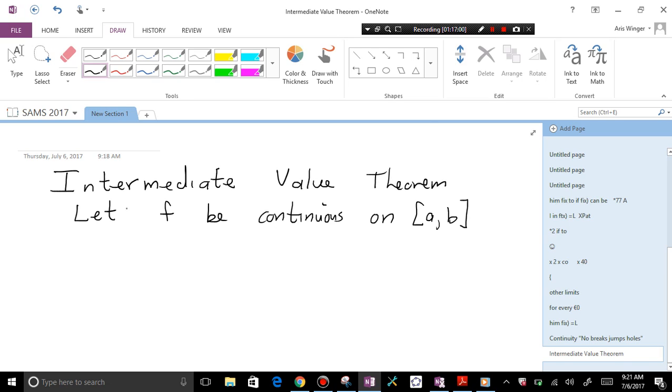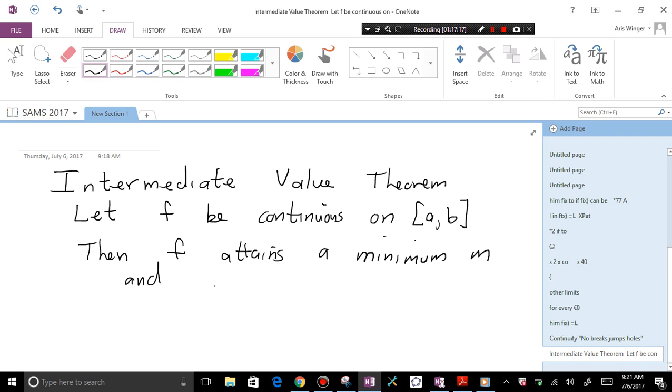Let f be continuous on a to b, then f attains a minimum, little m, and maximum, capital M. Now that actually has to be shown, right? But we're going to assume that for the moment.